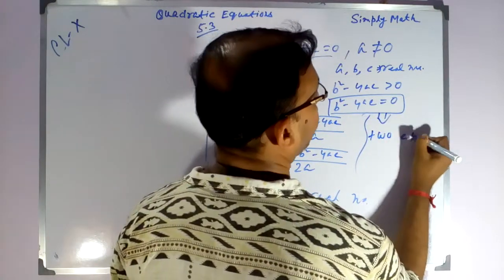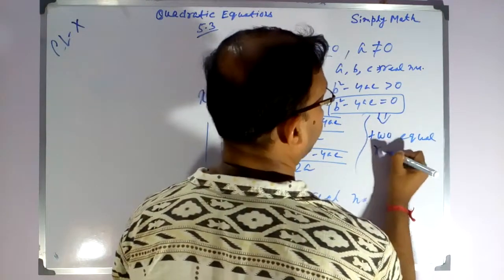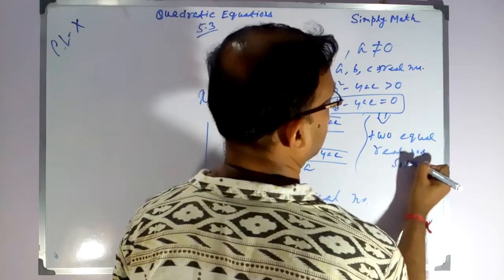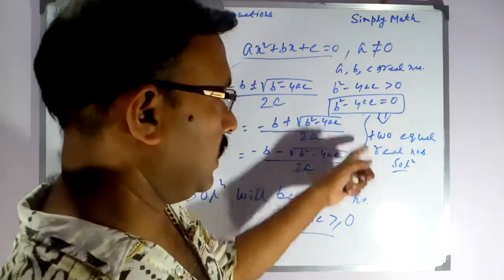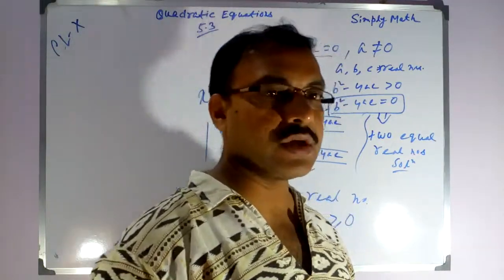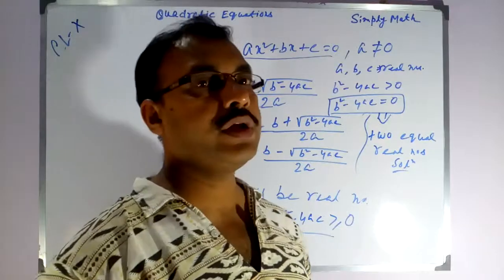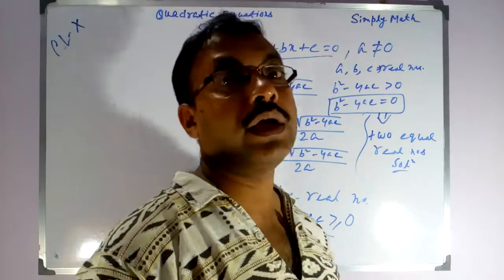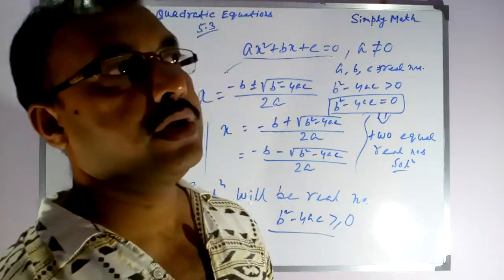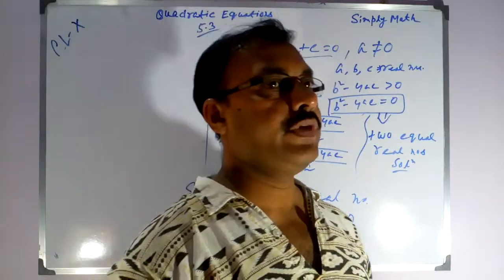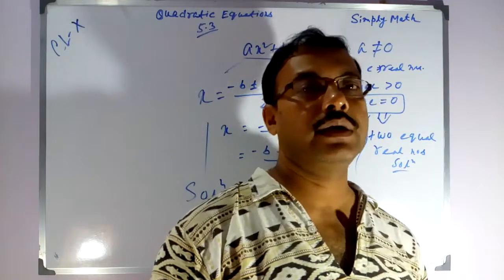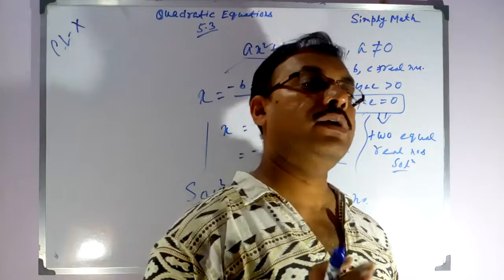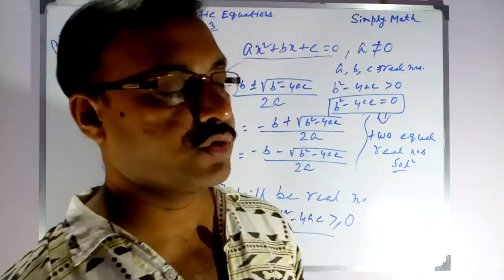If b square minus 4ac is equal to 0, then we will get real number solutions, but both will be equal. And if it is greater than 0, then we will get real number solutions, but they will not be equal.